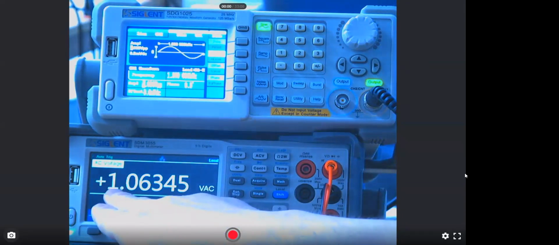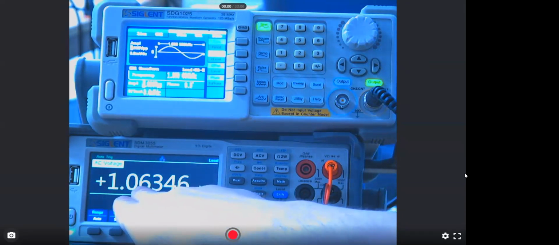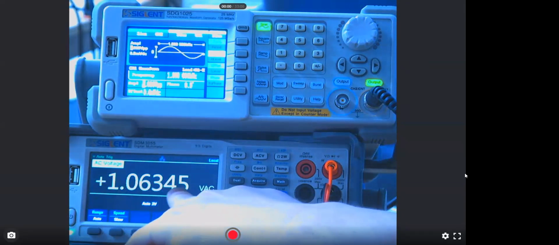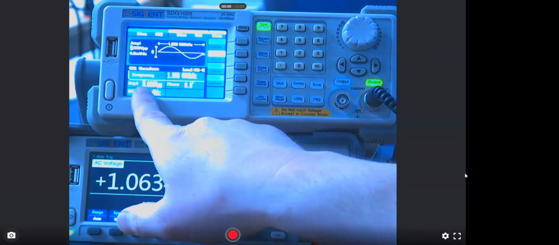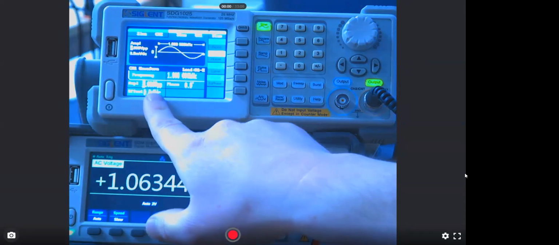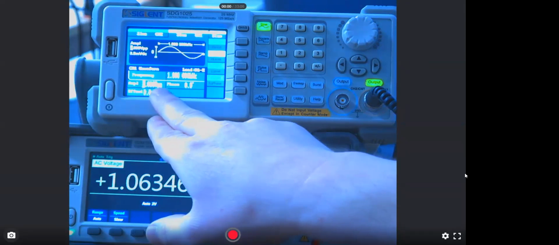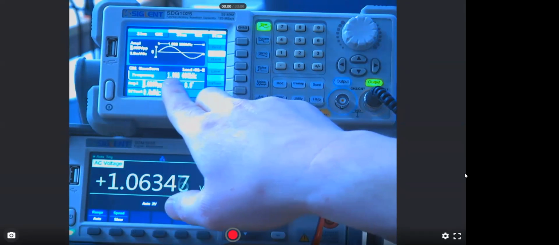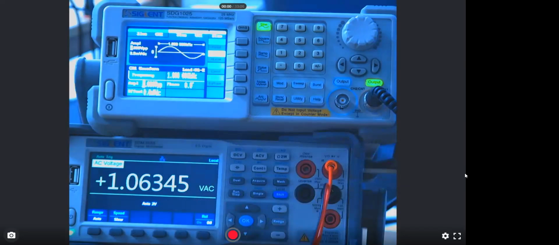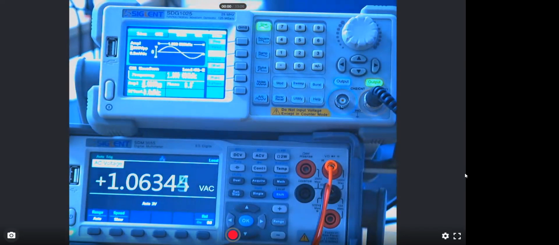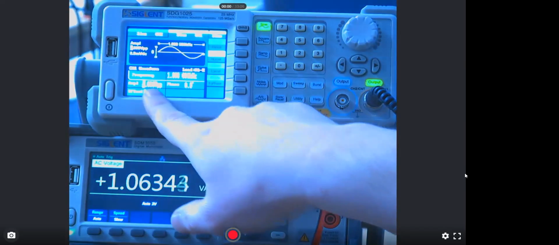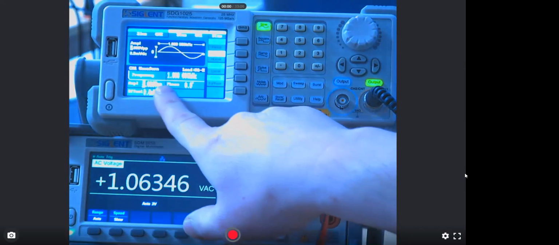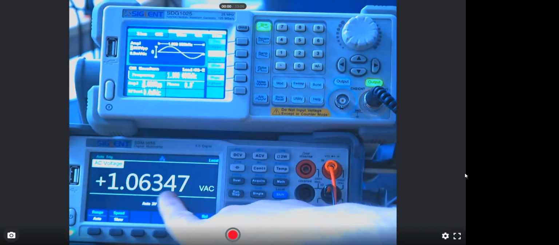I'm at 1.06 volts AC. This is the RMS voltage. And on my function generator, I'm at 3 volts peak to peak and at 1 kilohertz. That's 3.68, what my amplitude happens to be on here so that I get 1 volt AC.